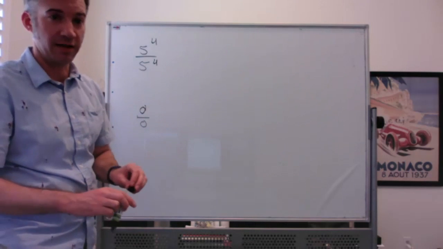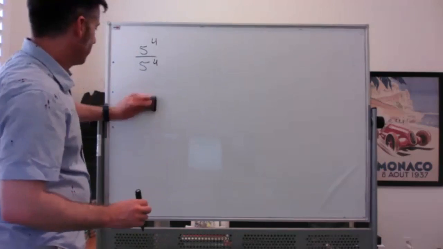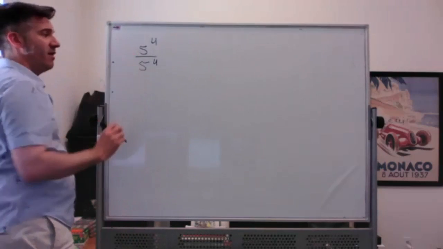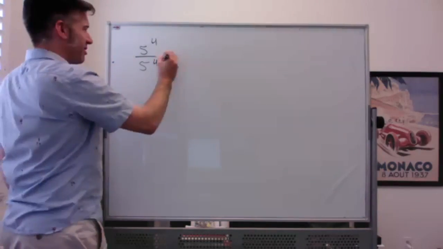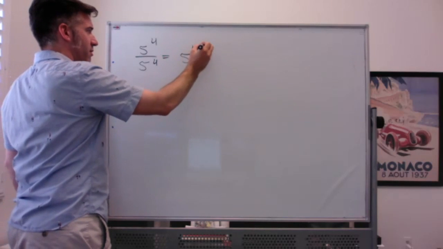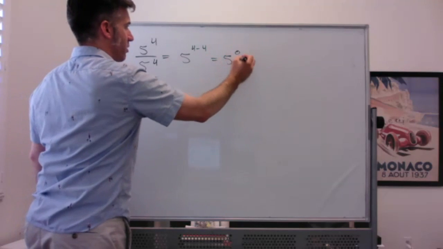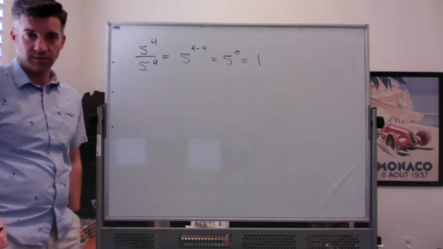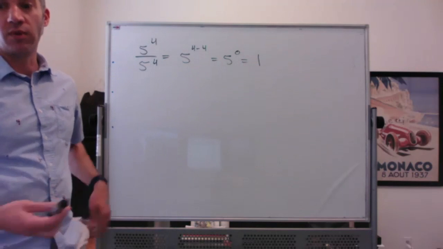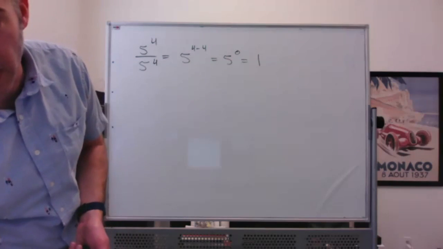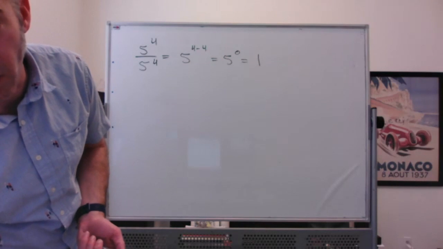It's undefined, indeterminate. 5 to the 4th divided by 5 to the 4th is 1, but it's also 5 to the 4 minus 4, which is 5 to the 0, which has to be 1. So there's a couple reasons or justifications as to why something raised to the 0th power is equal to 1.